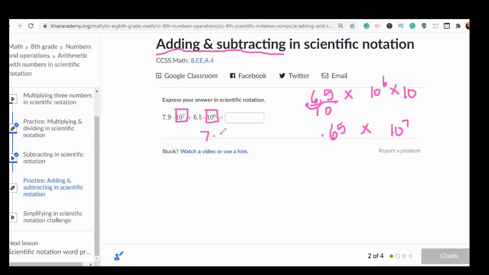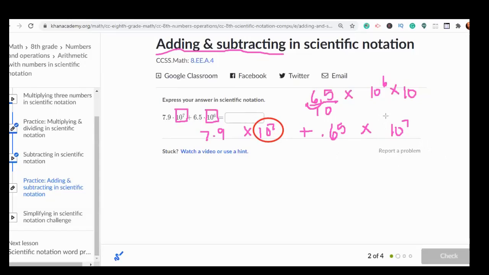Going back to my original 7.9 times 10 to the 7th. Since the powers are identical now, they both are 10 to the 7th. Oh, my circles are terrible. Apologize for that. Let's make that a little better.